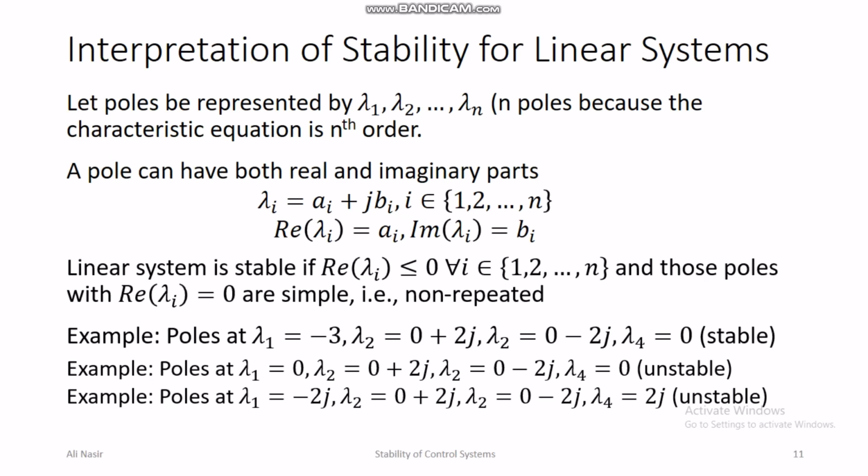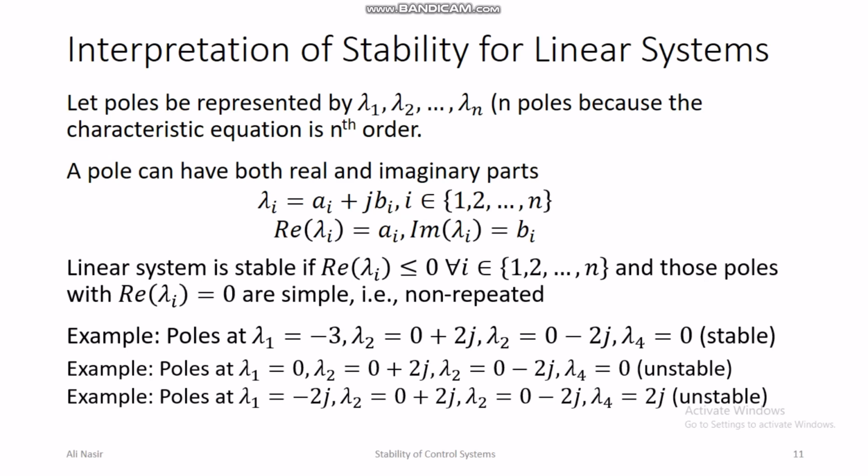Lambda 1 and lambda 3 have the same imaginary part and 0 real part, and lambda 2 and lambda 4 have the same imaginary part and 0 real part. So there are 2 repetitions, and we lose stability even if there is 1 repetition. So here there are 2 repetitions, so we definitely lose the stability property. The system with this type of poles is not stable.